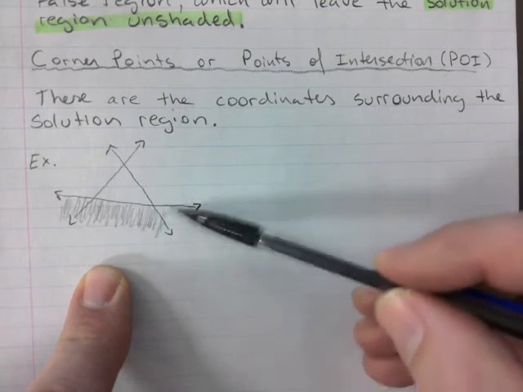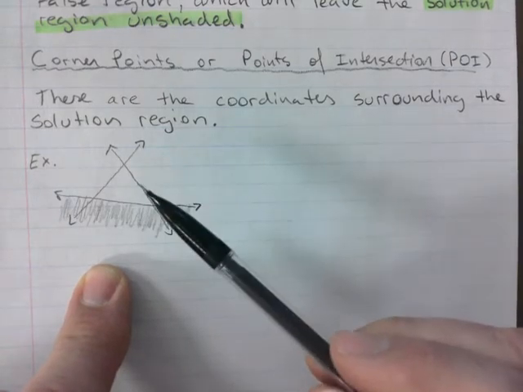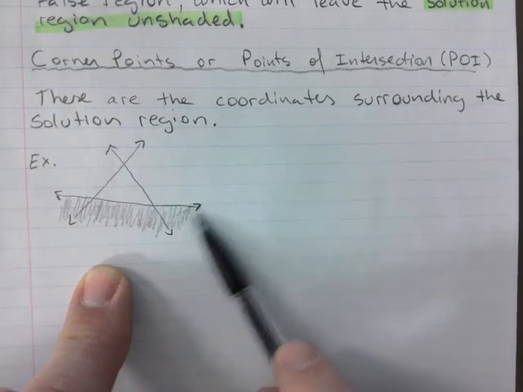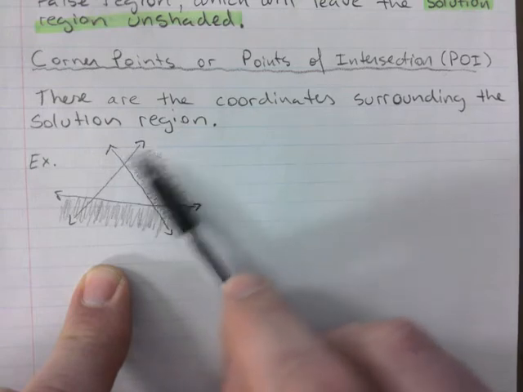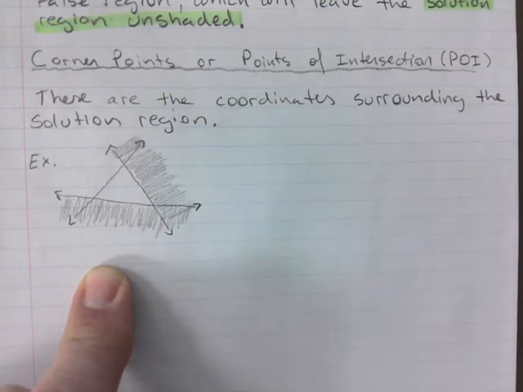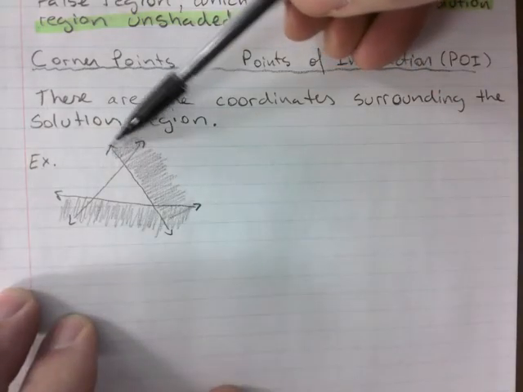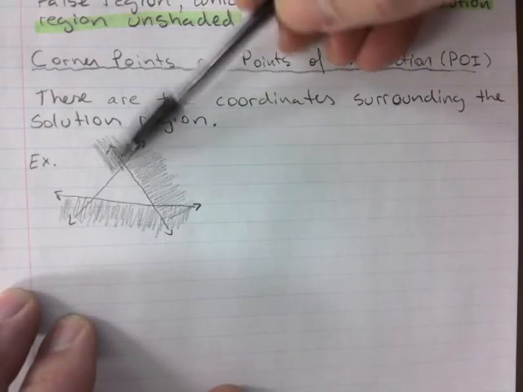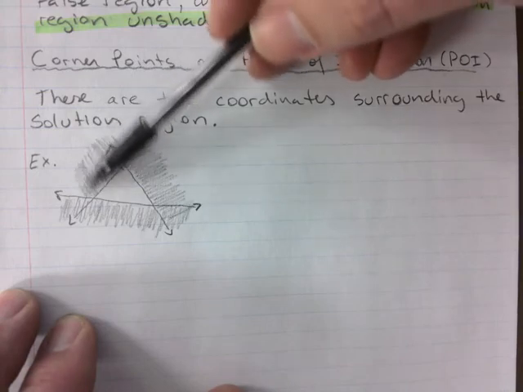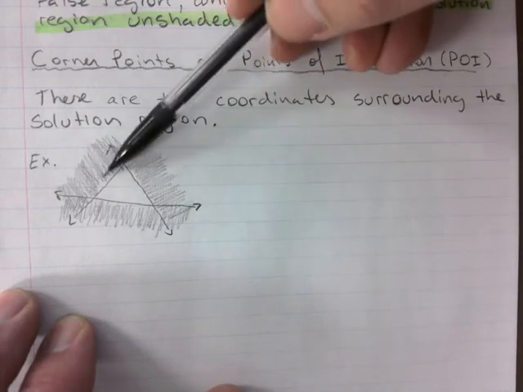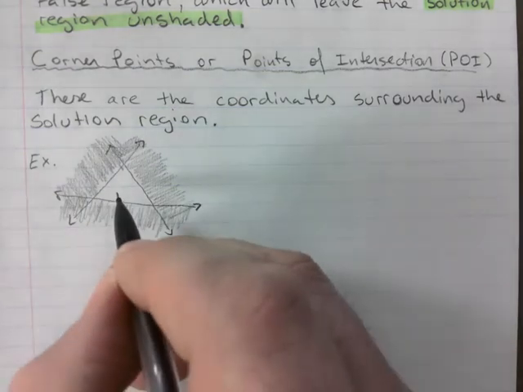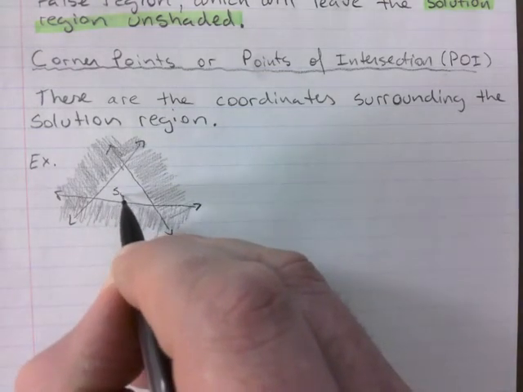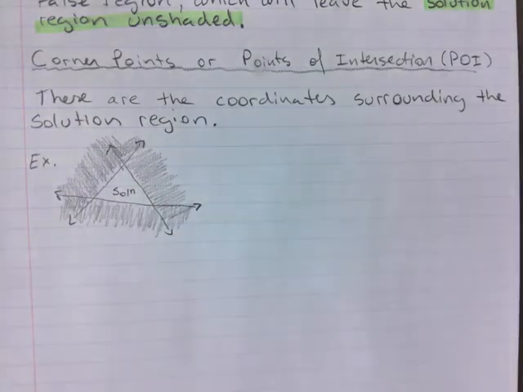You shade here, and notice that I'm shading the false regions, right? And then you shade along this line. That's false. That's out of the question, right? We're basically shading away the areas that do not pertain. And then we shade this way. So let's say you do this, and it just beautifully turns into a triangle. And we label that area solution like that.